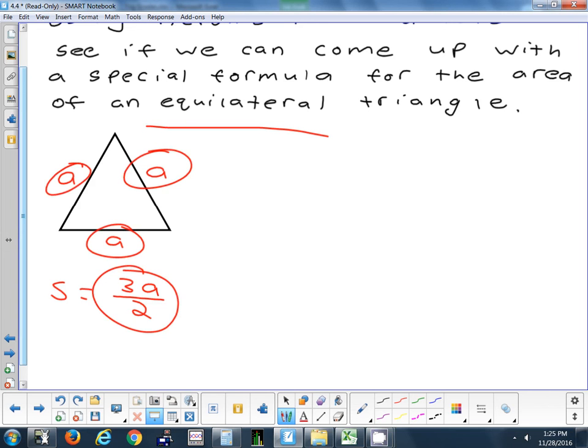Plug that into Heron's formula. Area equals. Okay. What's the first thing I put in Heron's formula? Yeah, 3 over 2 A, that's my semi-perimeter. It doesn't matter if you put the A in front or you put the A in the top.